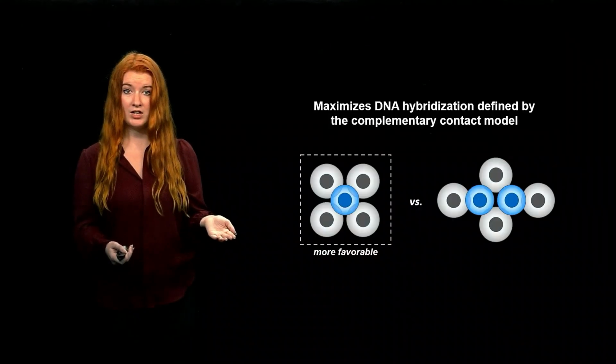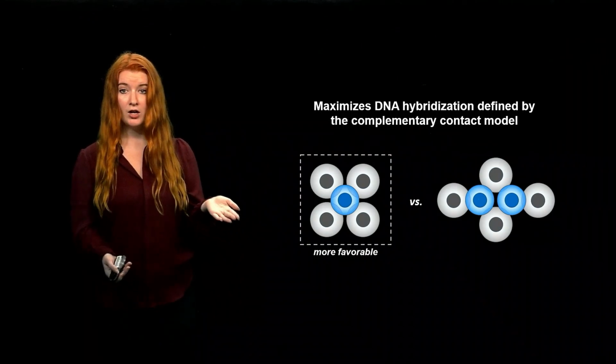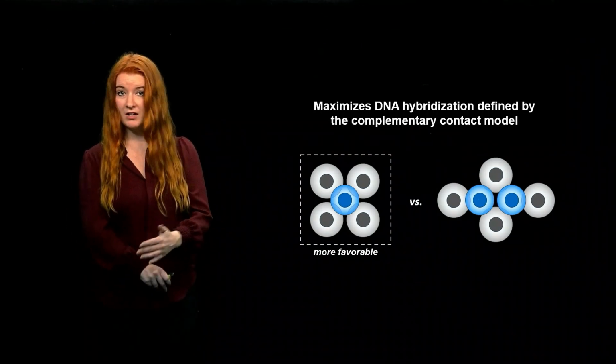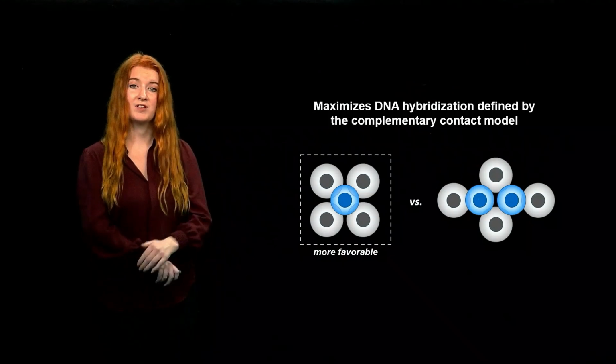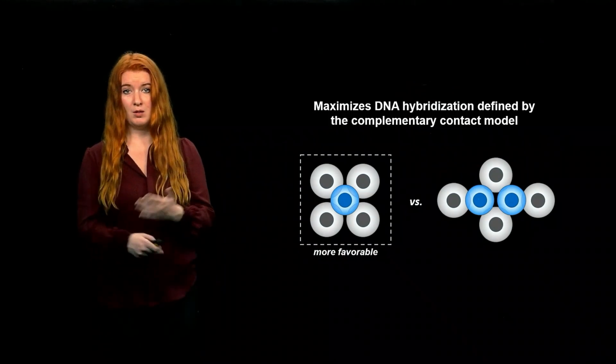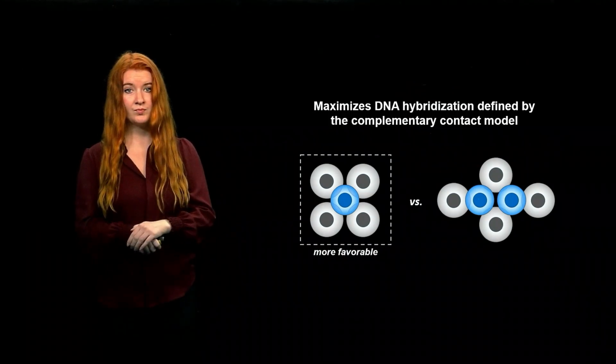PAE systems also seek to reach the most stable configuration of bonds, but here the most stable configuration maximizes the number of DNA hybridization events between neighboring nanoparticles. The complementary contact model, or CCM, was developed based on this observation to help understand and predict PAE bonding. It is analogous to the octet rule, but ultimately more powerful for building materials by design.